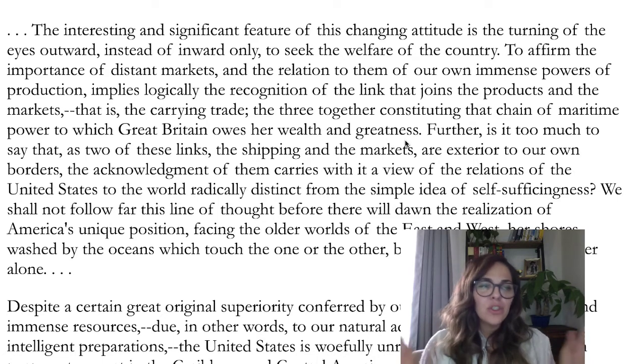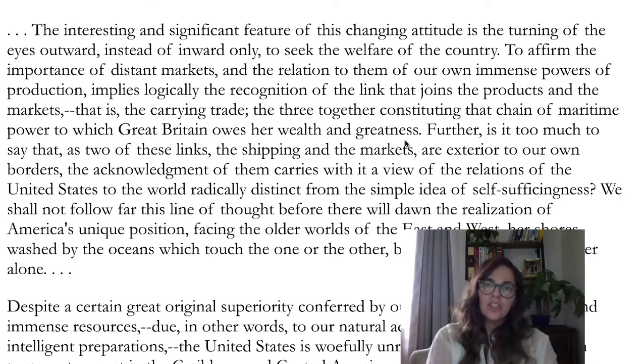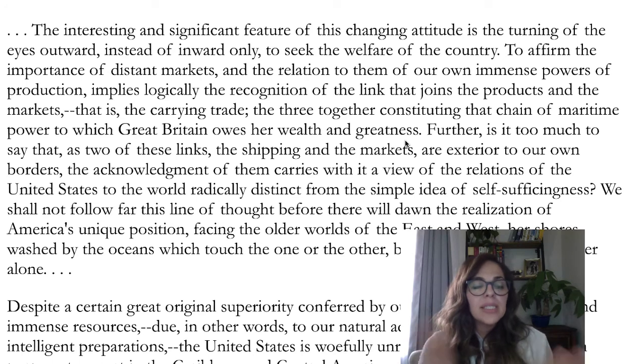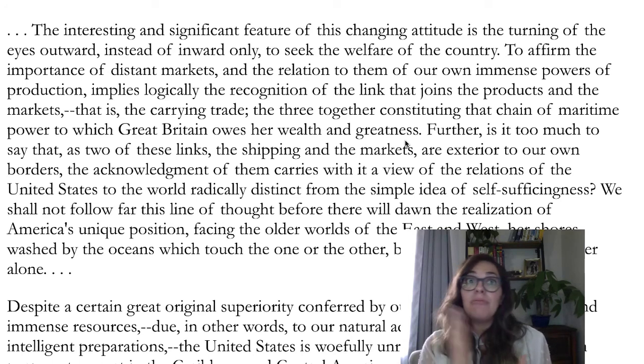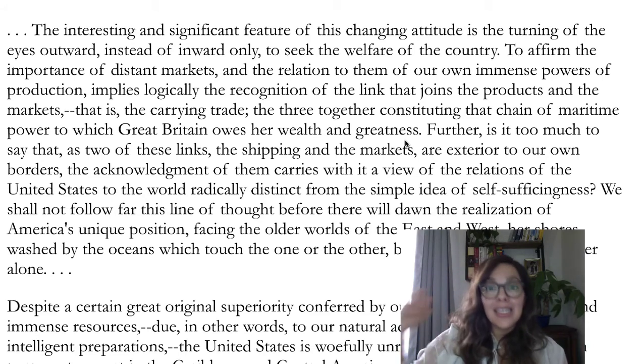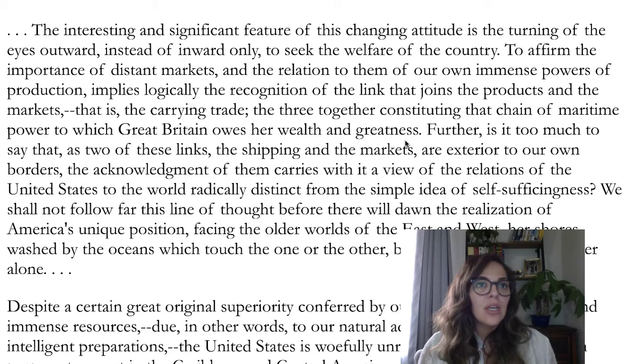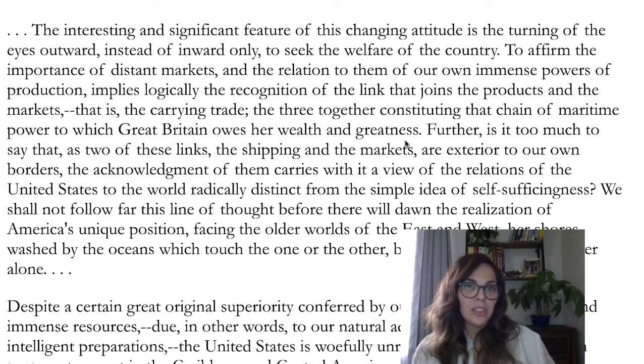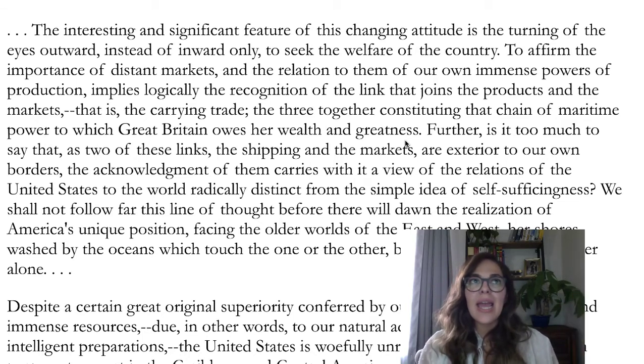It's like maybe we should stop looking inward and start looking outward, because the United States is in this very unique position, right? The country itself, geographically speaking, touches both the Atlantic Ocean on the east coast and the Pacific Ocean on the west coast. And no other country in the world has that same position.